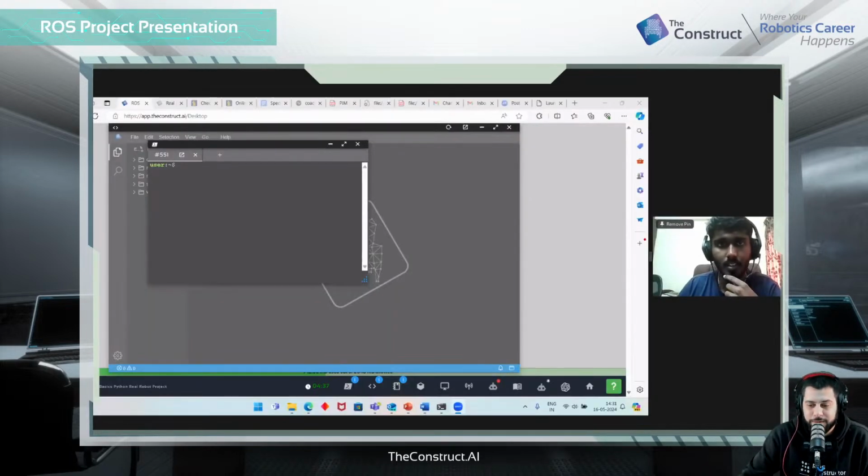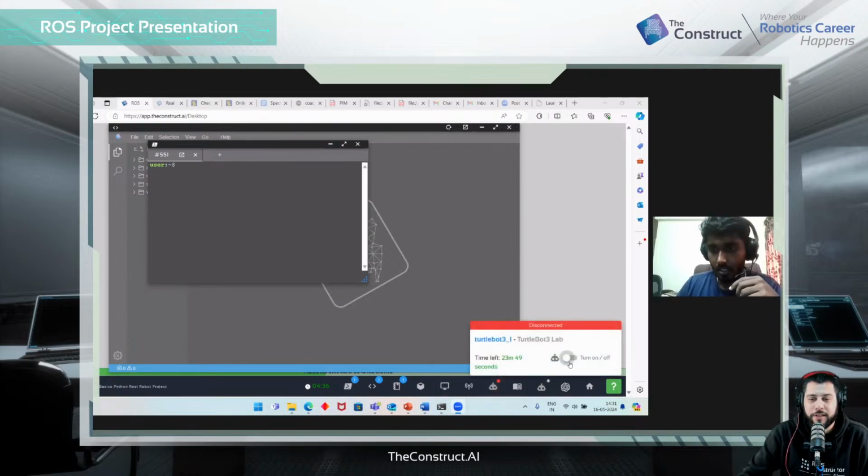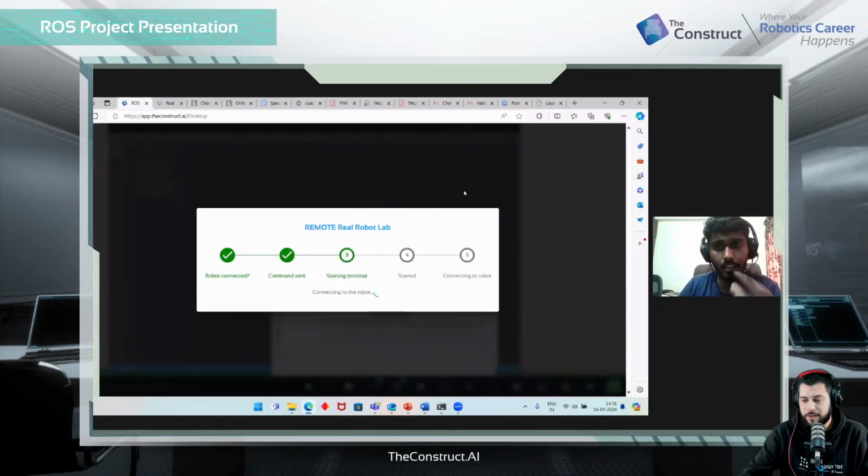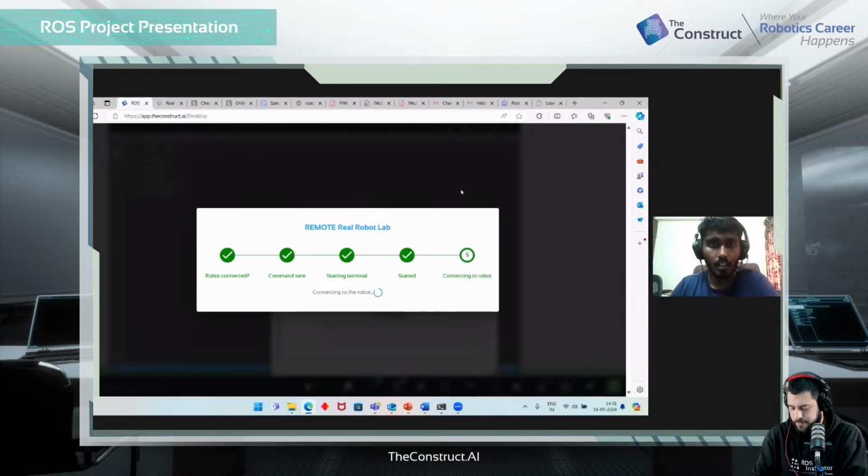Hope my screen's visible right now. Great. Yes, we can see your screen. Okay. So I'm just connecting to the robot with the lab.